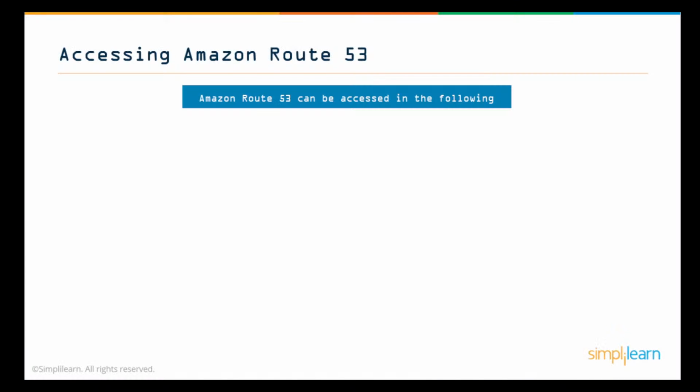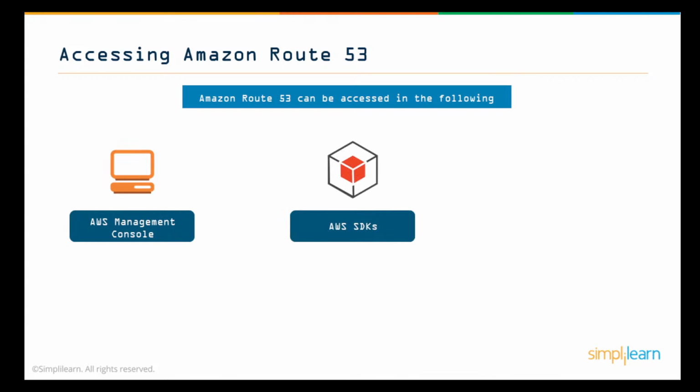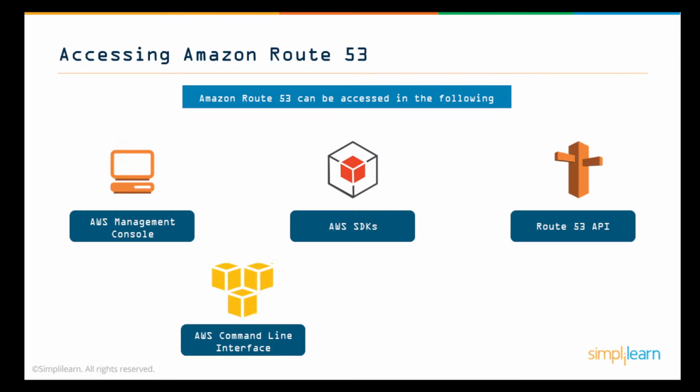Accessing Amazon Route 53: it can be accessed in the following ways. We can access it using the AWS Management Console, which we have seen in the demo. We can access it from the software development kits, or SDKs, but we need to install the SDK on our local system or host systems. We can even access Route 53 from the Route 53 API that AWS offers, using which we can instruct how Route 53 should work.